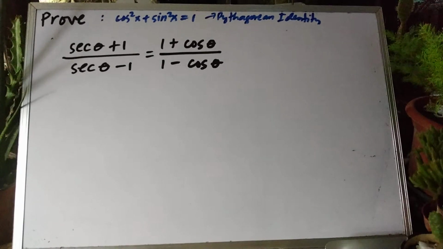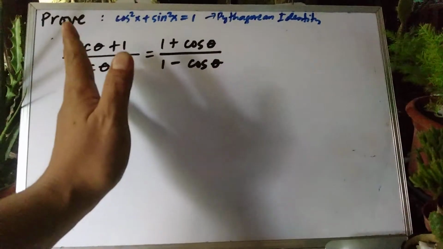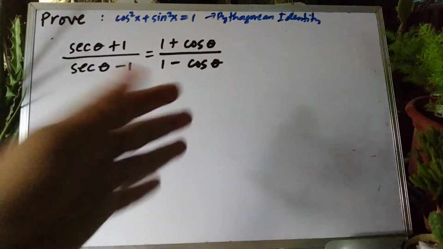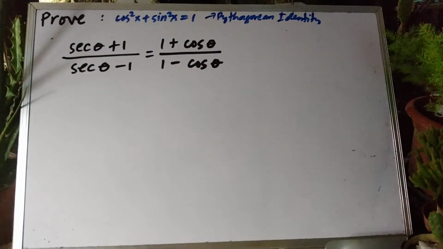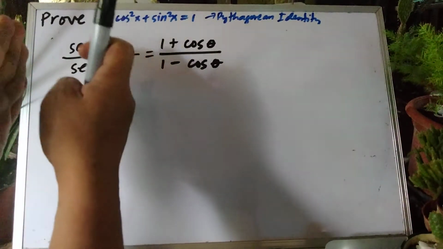Okay, yan. I-prove natin. Again, depende lang sa inyo kung saan ba ang mas simpleng tingnan sa dalawang equation na to, from the left side or the right side. Depende sa inyo kung ano yung i-prove niyo, ano yung i-operate niyo. Okay. So dito mas simple ako dito sa left side.